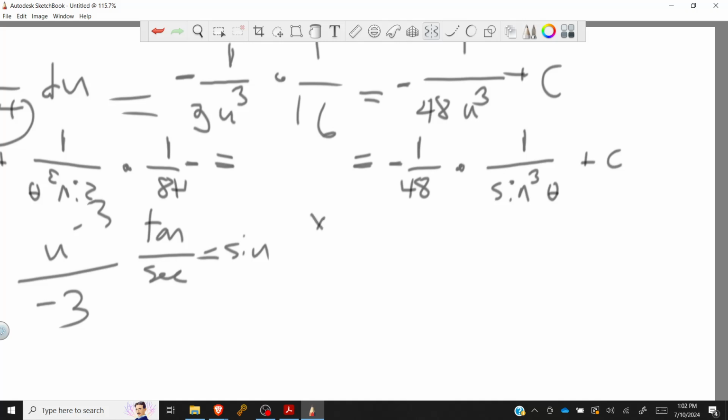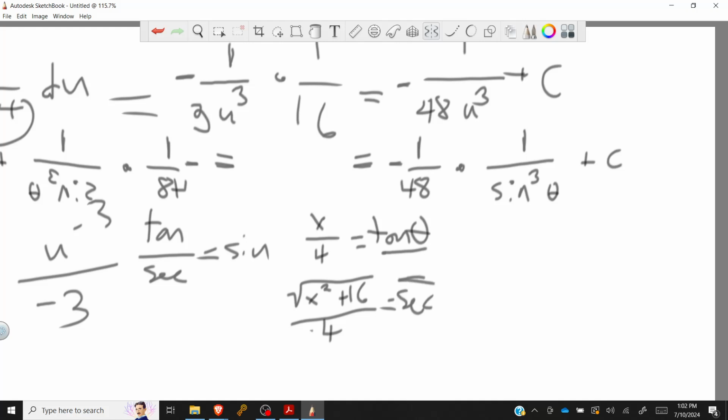Our tangent was x over 4. And our secant was square root of x squared plus 16 over 4. When we put these over top of each other, these 4's are going to cancel out.